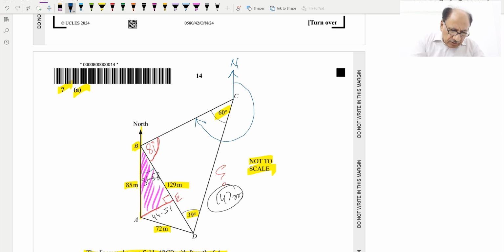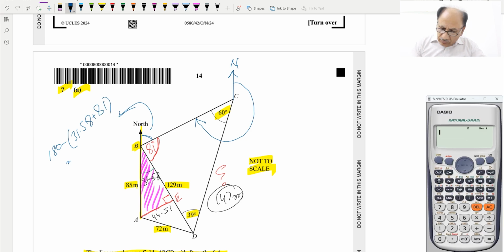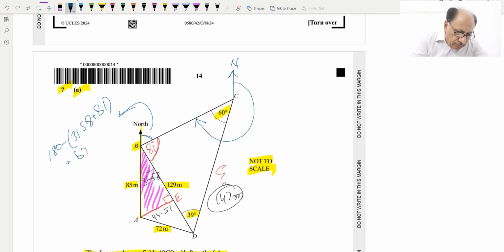We can find this angle, which is 180 minus 31.58 plus 81, in brackets, and this is equal to 67.42. 67.42 is this angle. I will write here 67.42.